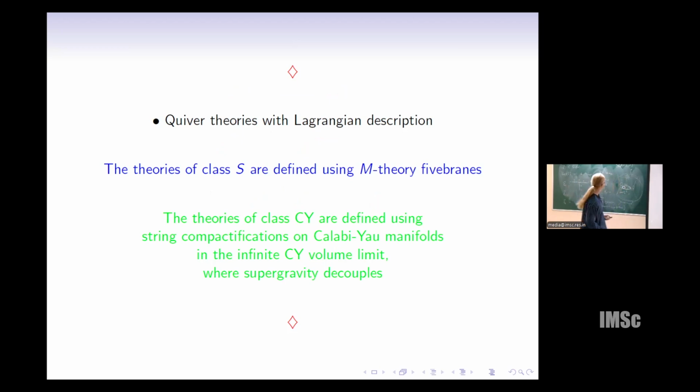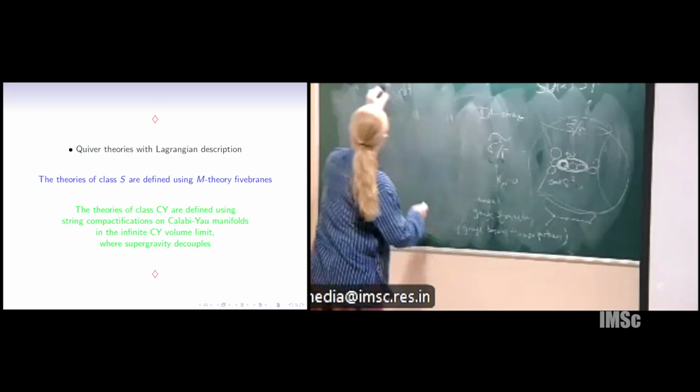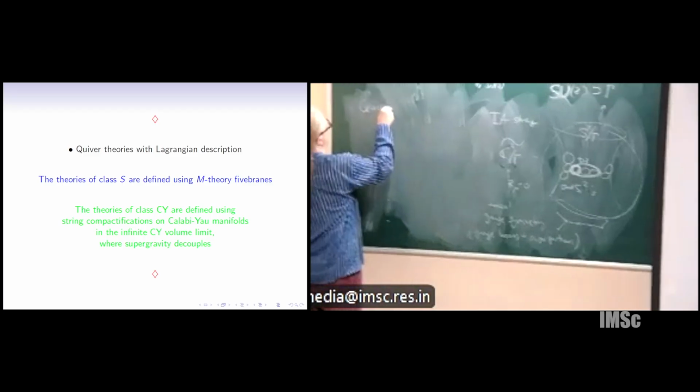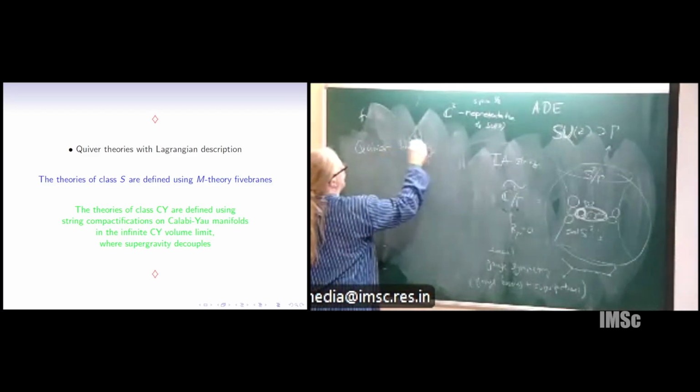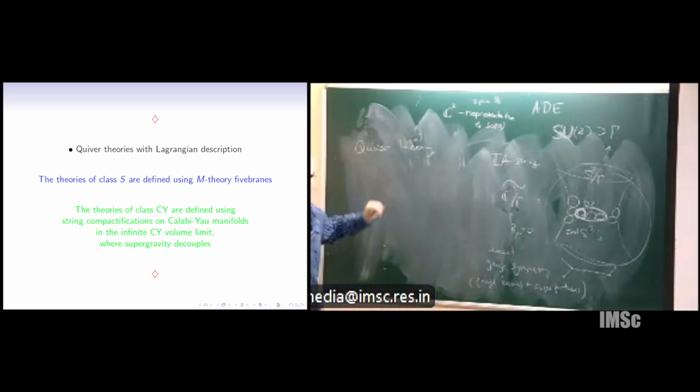The gauge groups are the products of unitary factors, and there are matter fields which are organized in a similar fashion. So in a quiver, of course, there is a notion of a quiver in the everyday sense, but this is a quiver in the mathematical sense, which is just an oriented graph. The edges are arrows, so that's why it's called a quiver.